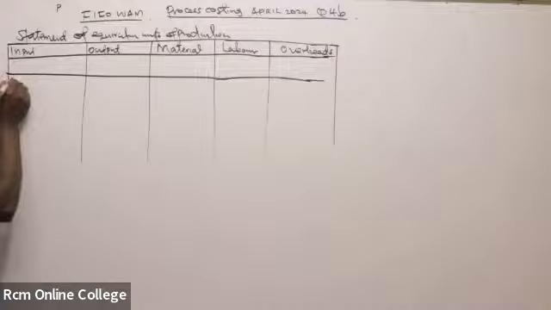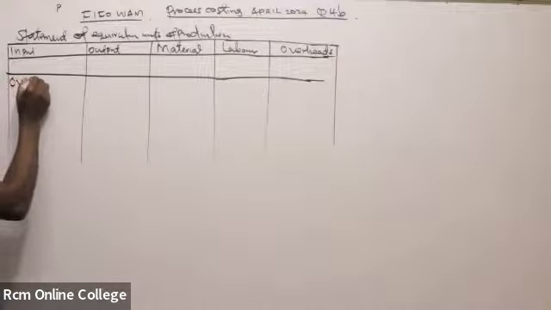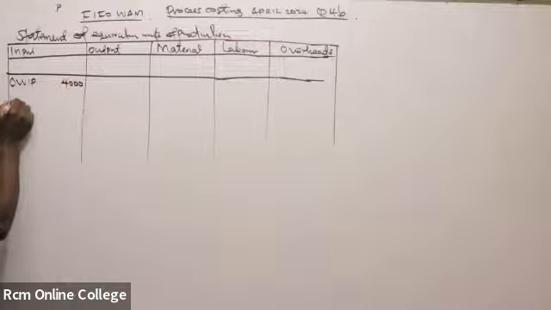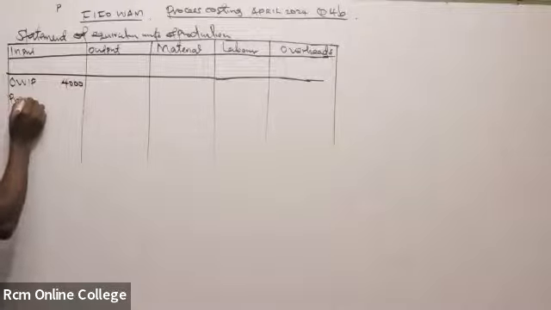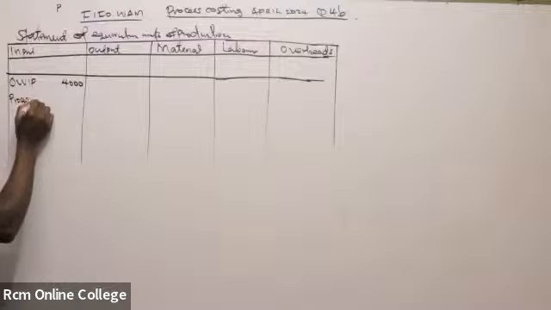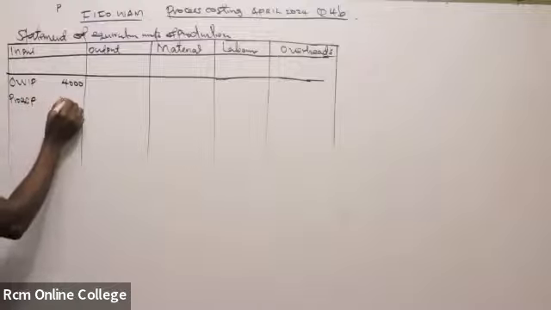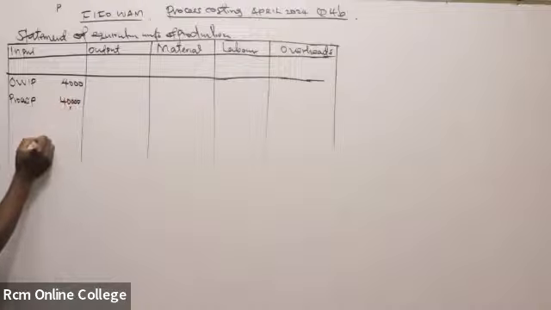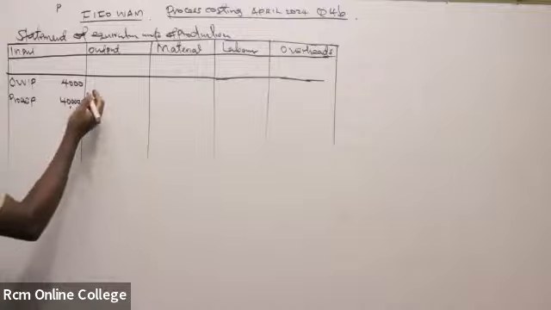We start with opening work in progress of 4,000 units. Then we bring in what came from process P, 40,000. Then we talk about what else we have on the other side.